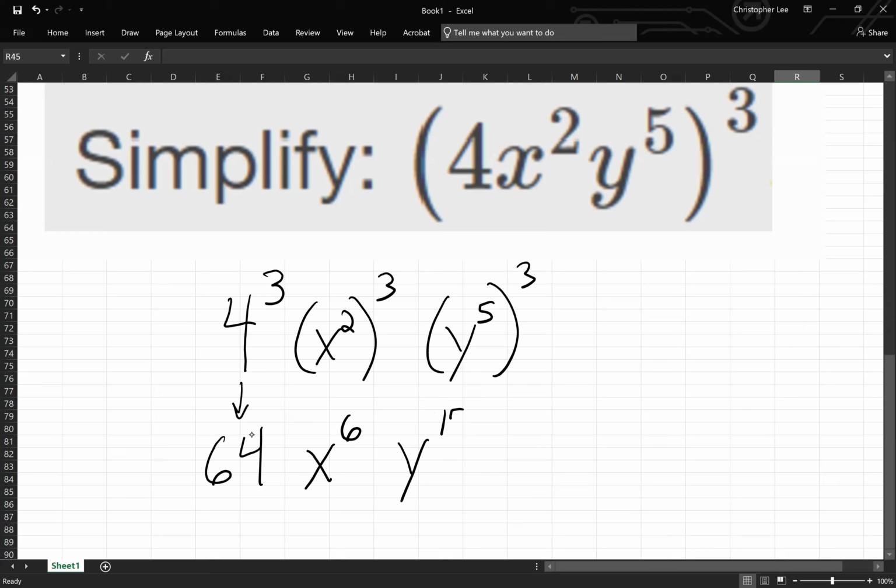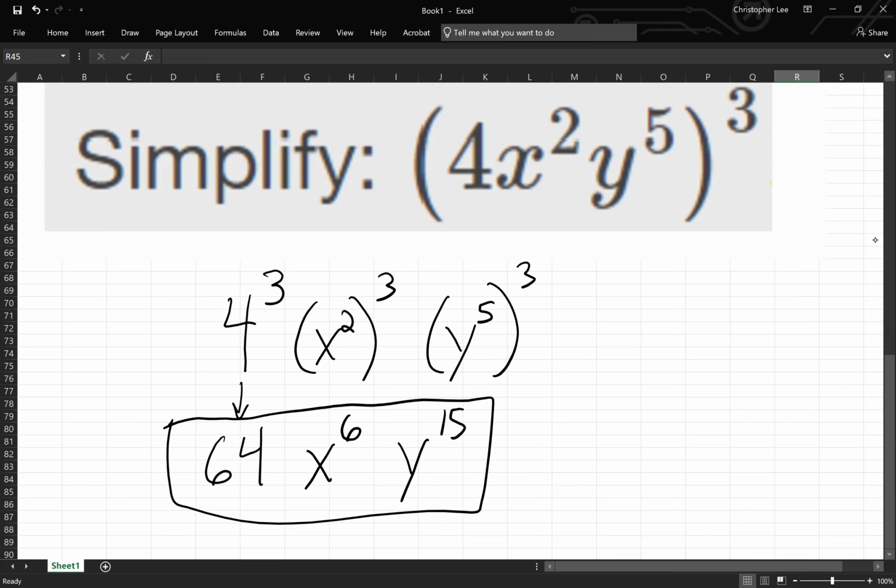And that's my answer. Questions on this, anybody? So whenever we raise a monomial to a power, every item in that term gets the power individually. All right? That's it. Understandable?